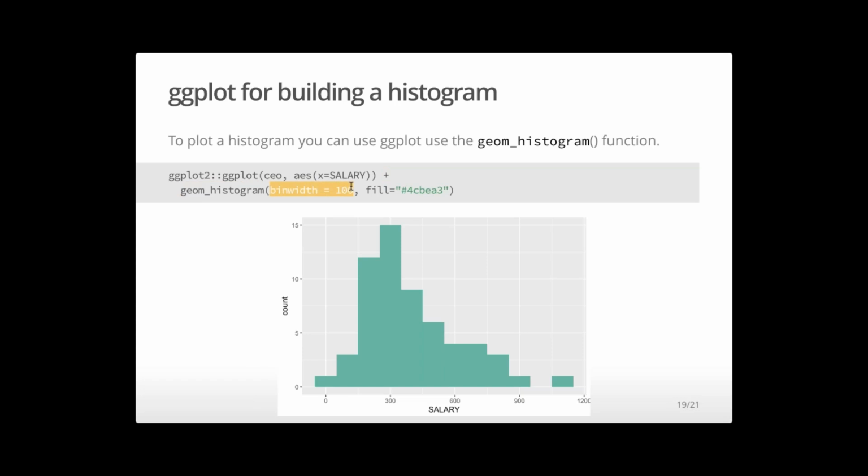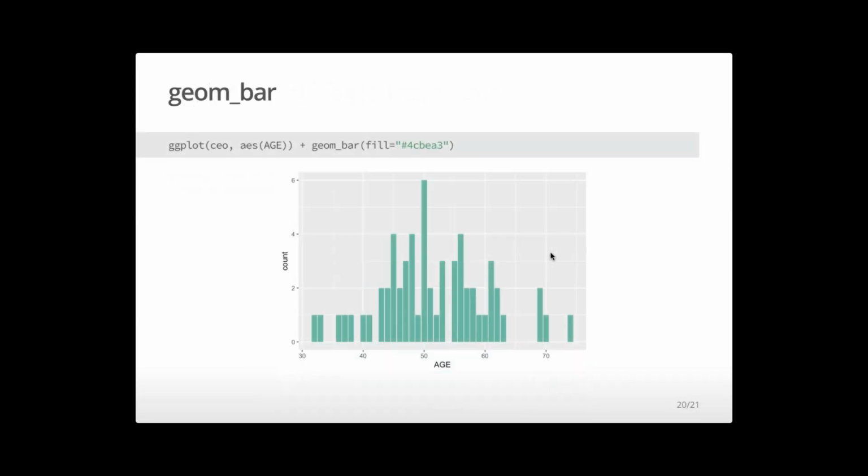We can add a bin width, and this will be a suggested bin width, in the different units here on the bottom. And then we can specify a fill color. In terms of a bar, a bar looks much different than a histogram.